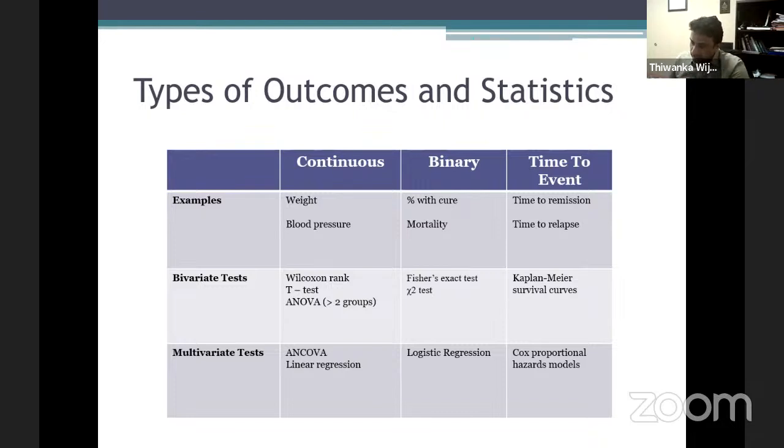If I have a patient who has SBP 1 year down the line versus another patient who develops SBP 3 years down the line, who has the better outcome? It's the patient who has the outcome 3 years later.